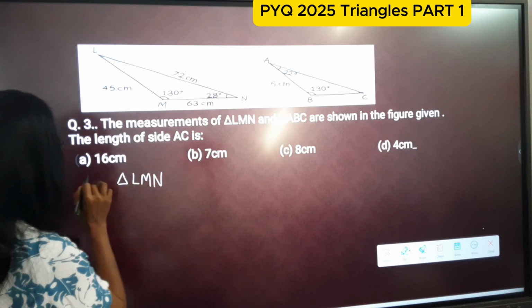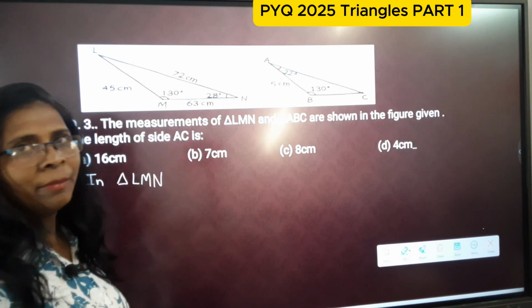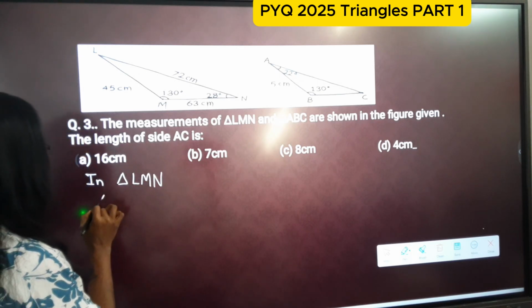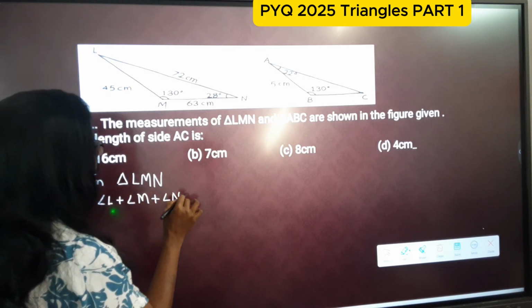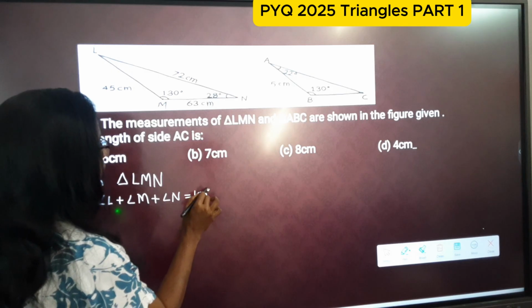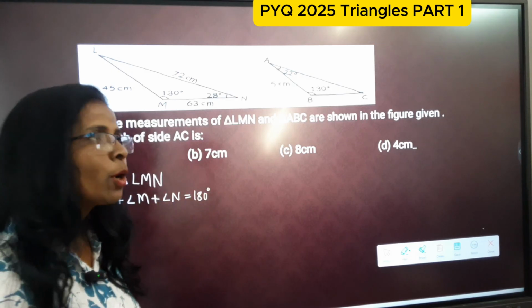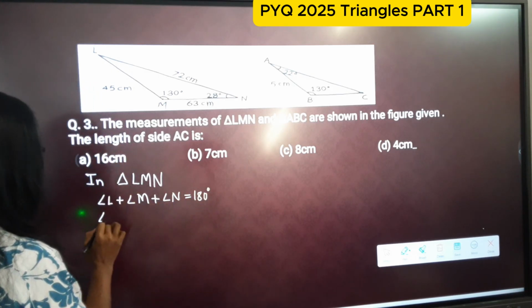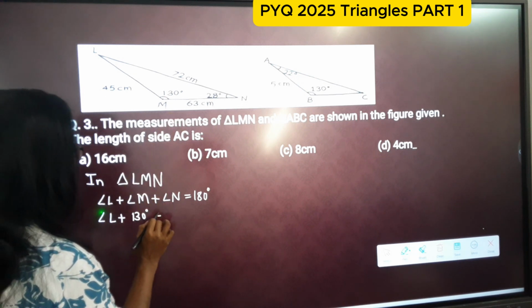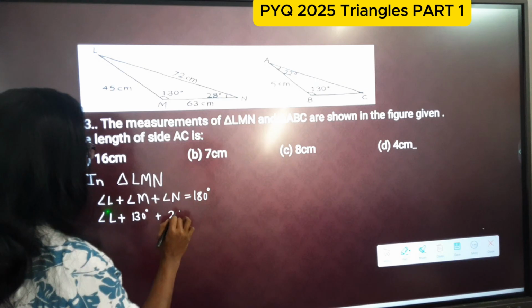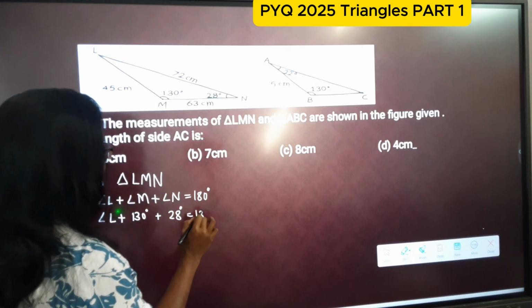So here I write that in triangle LMN, angle L plus angle M plus angle N is equal to 180 degrees. That is the angle sum property. So now here angle L plus angle M, M is 130 degrees, plus angle N is 28 degrees, is equal to 180 degrees.